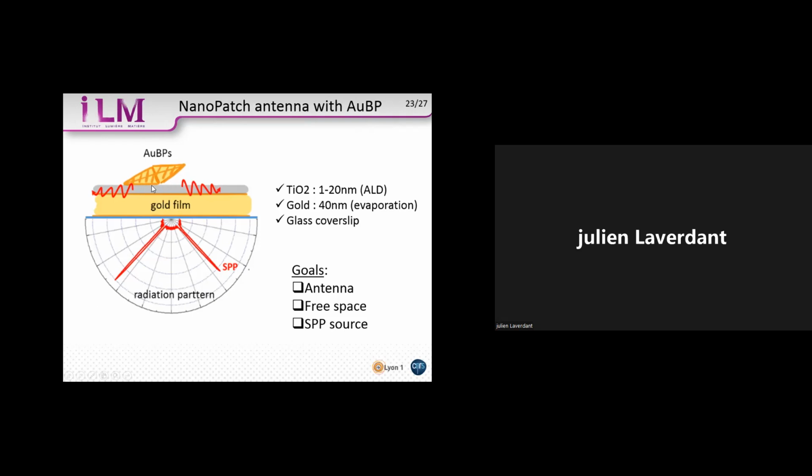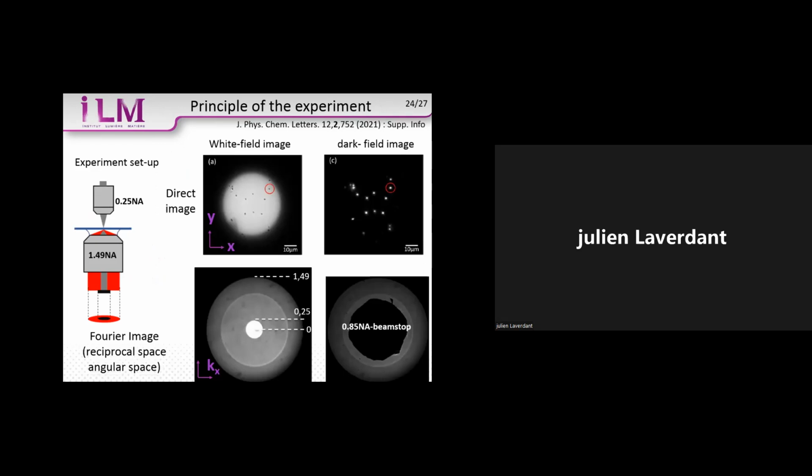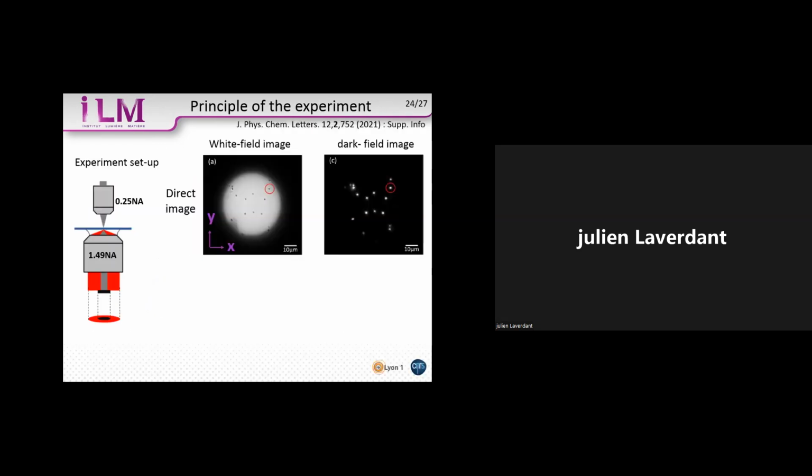And one of the interesting things, which my PhD student is working on, is to use these bipyramids to convert the light you excite from the top into a surface plasmon along the gold film, to propagate the light inside this, which can be very interesting for photonic applications and to control where the light is going. So I will skip just one image to show you what we can observe.